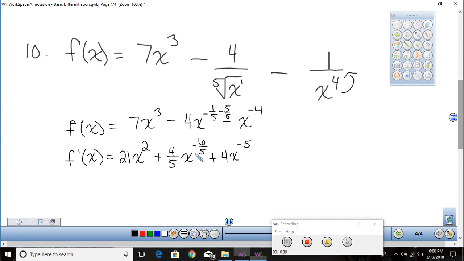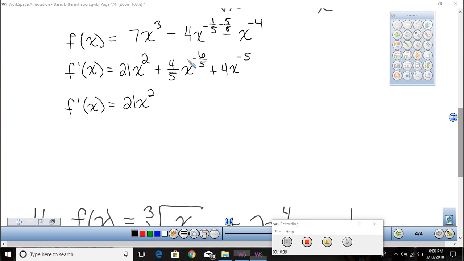So now I've taken my derivative, but I got to take care of these negative exponents and fractional exponents and all that jazz. So 21x squared is good to go. I don't have anything wrong with it. However, I have a negative power here, so I'm going to put it on the bottom with the 5.